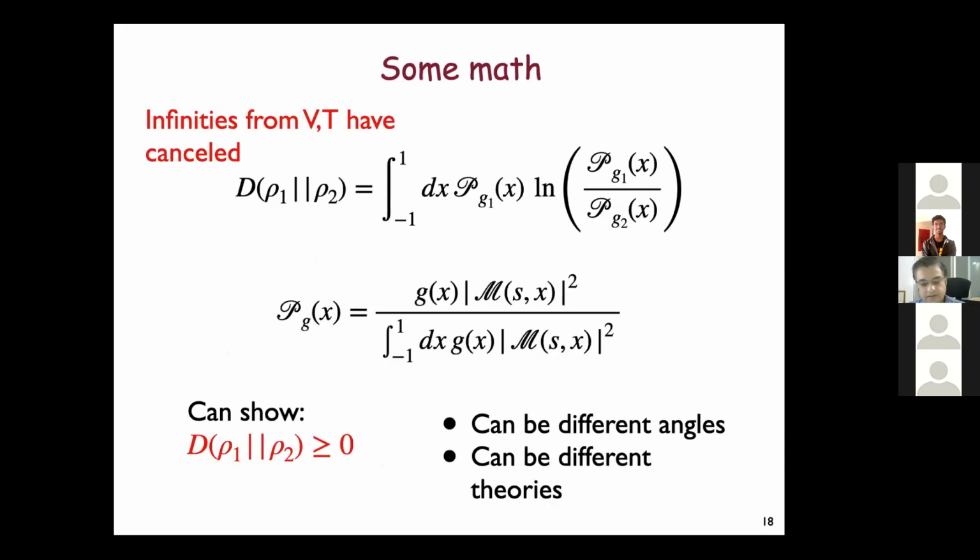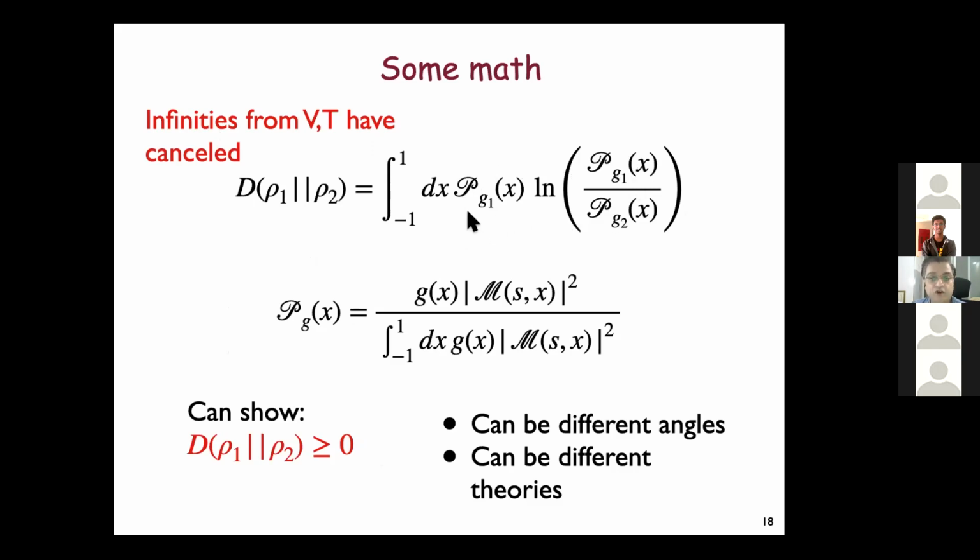So again, let's quickly go through some math. Essentially, another advantage of relative entropy is that this log divided by t, this guy has cancelled out, and you are left with only some nice integral over these probability densities.